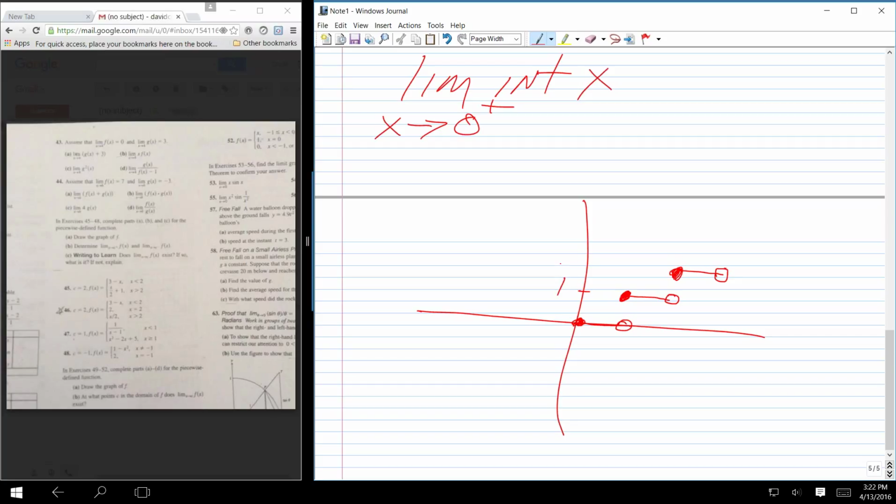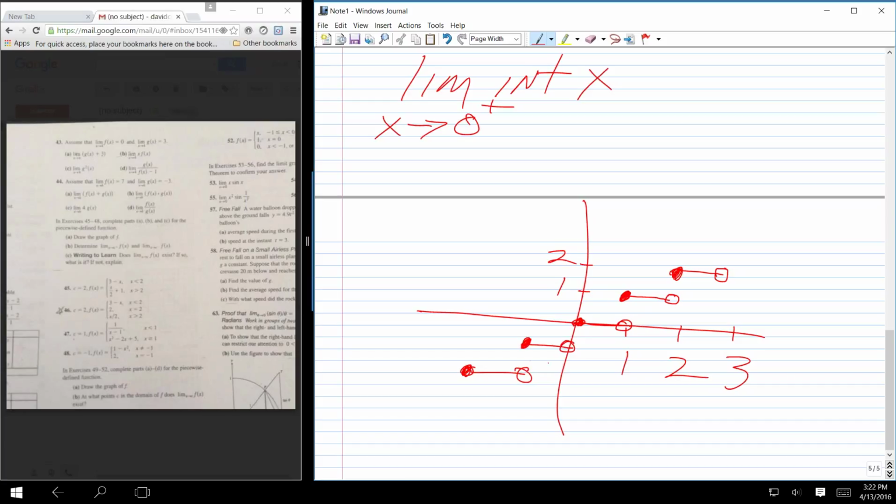This is 1. That's 2. This is 1. That's 2. That's 3. As we approach 0, and this actually keeps going like that, but that's as much of it as we need.